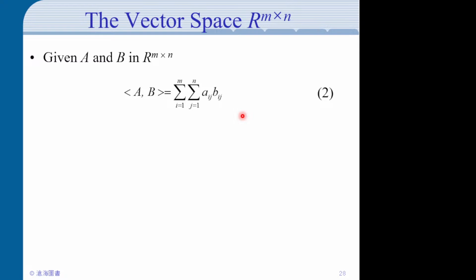We have two matrices A and B, both n by n, and we define the inner product by multiplying the elements together and summing over all of them. Obviously this is an inner product because it's like an n-squared-dimensional vector.